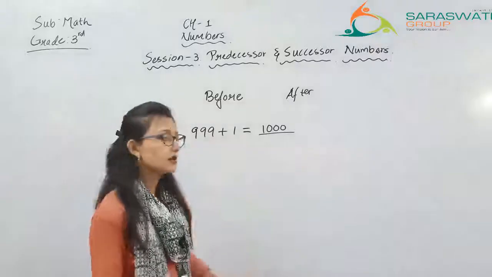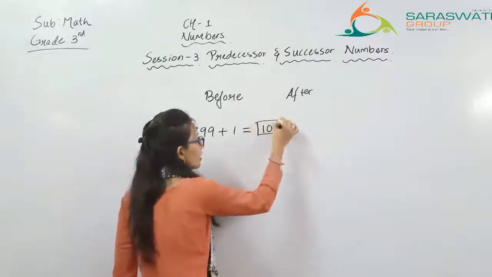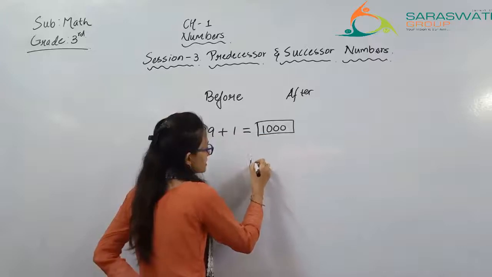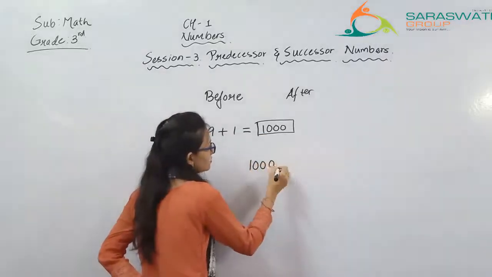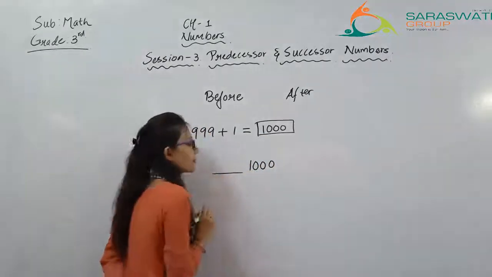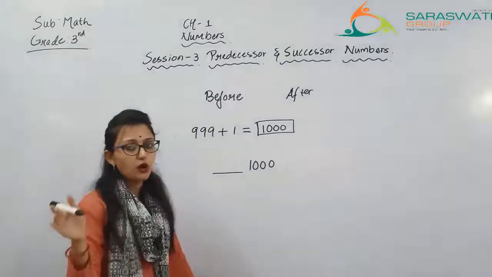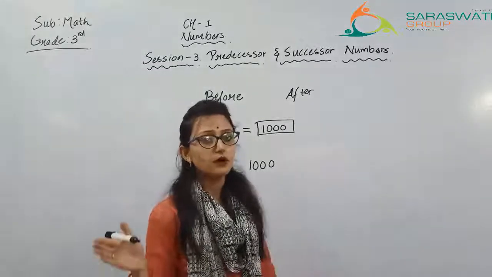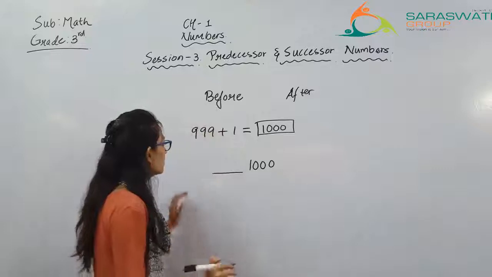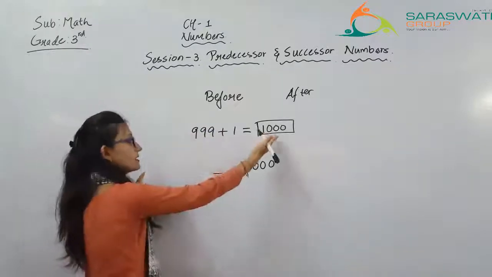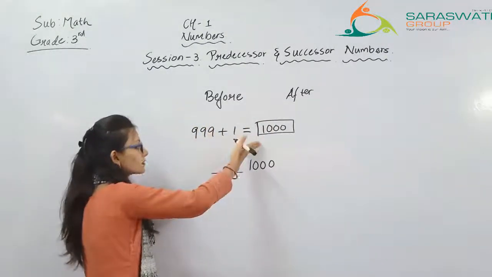So students, here I want to know about the predecessor number of 1000. What will I do? I will write: what is the predecessor number of 1000?